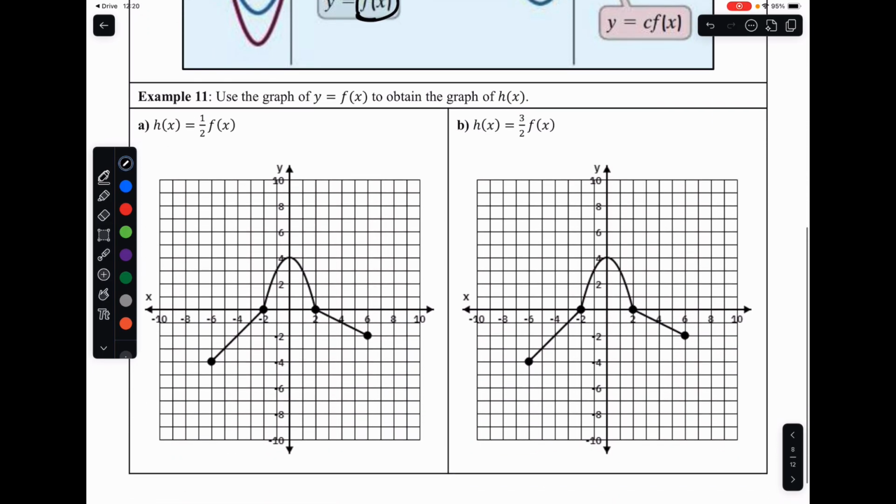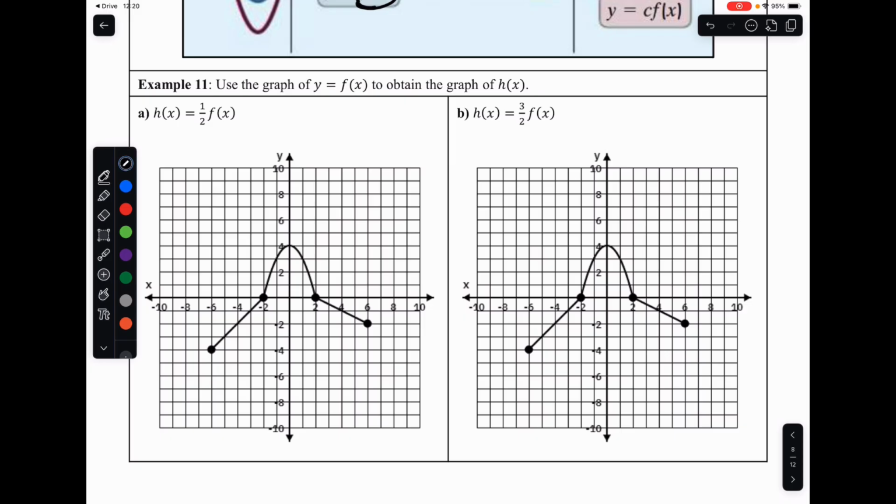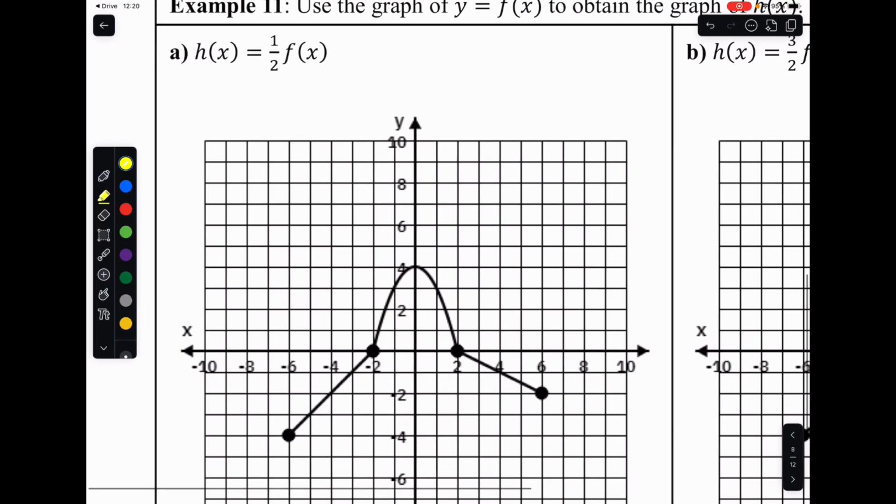So in example 11a, we want to draw the graph of h, which is going to equal the same graph as f, but it's going to be half the size. So we're going to multiply all of our y values by half.